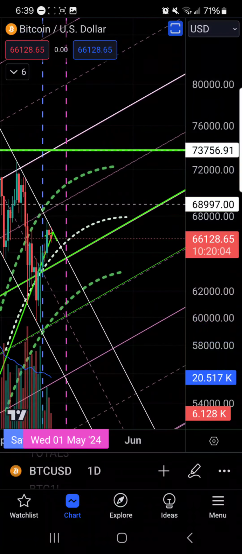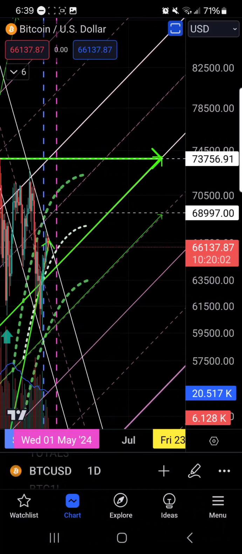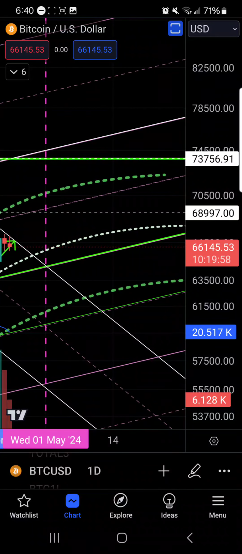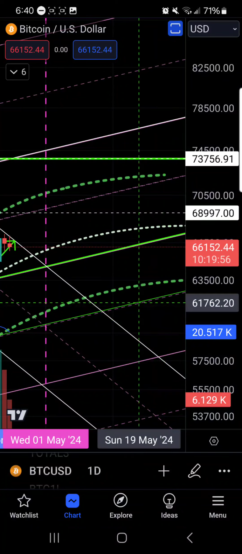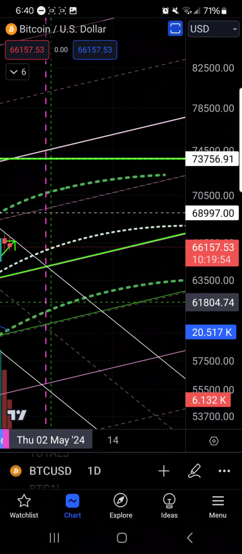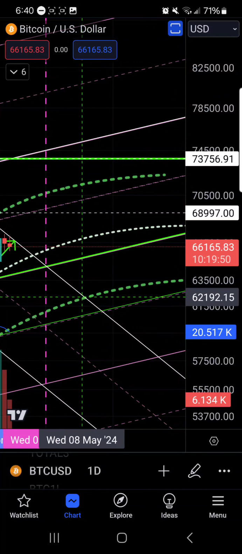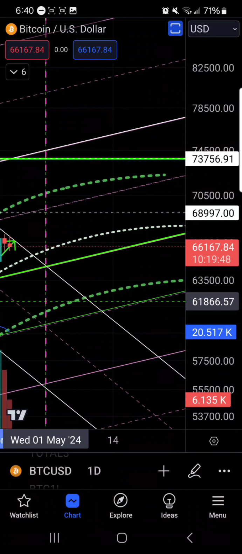And then finally, hey, where'd my line go? Why is it doing that? There should be a line over here with the CPI data release. You know what? Oh no, that's right.